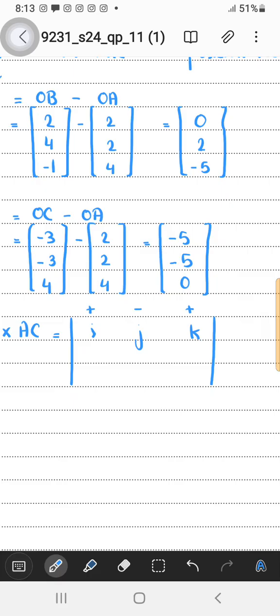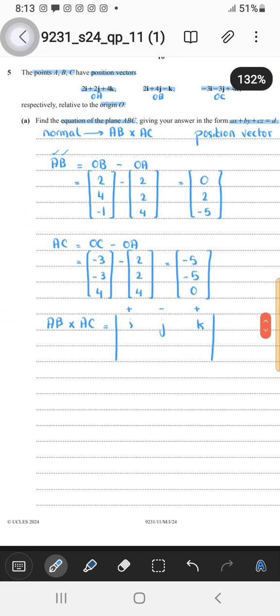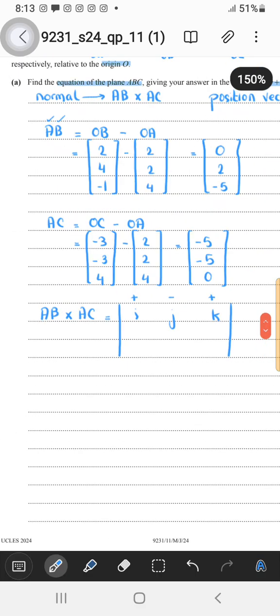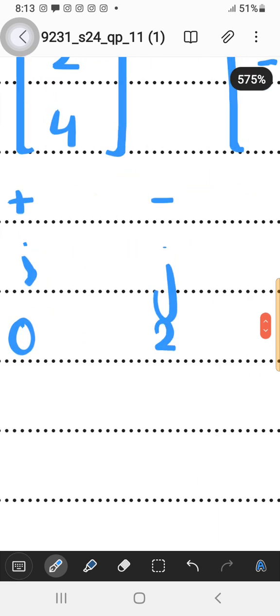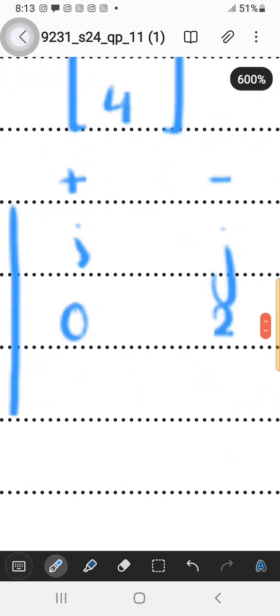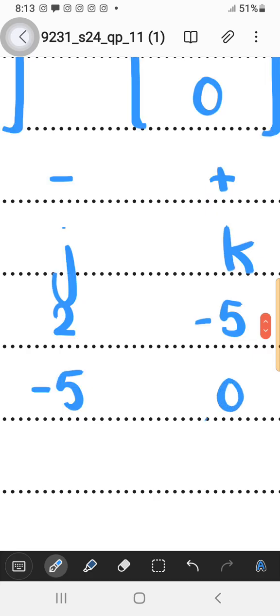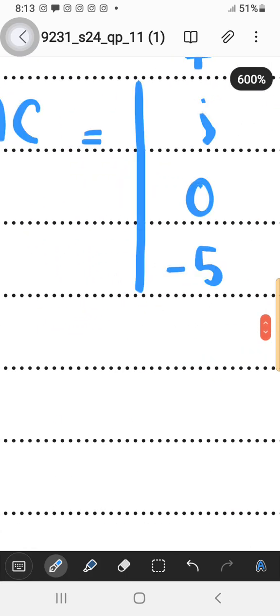This will be every time, not specified to any one solution. It will always be used when we are going to find out cross product. Okay, so first I'm going to write AB. You can also write AC first. So if I write AB, I will write 0, 2 and minus 5. Then I will write AC: minus 5, minus 5, 0. I hope you get this. Now I have to find out the cross product.